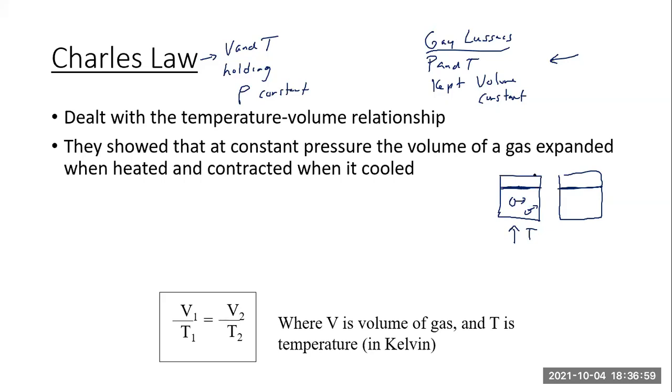As they gain more energy, they will fly around faster. So they're going to fly around faster, there's going to be a lot more collisions, and because the volume is not going to move, we would expect the pressure to also increase.